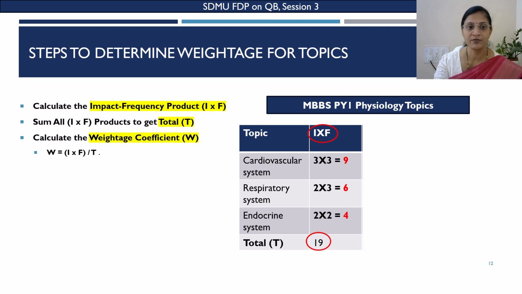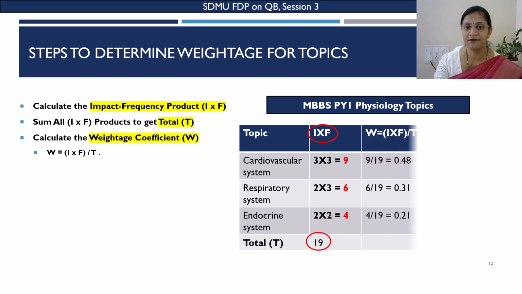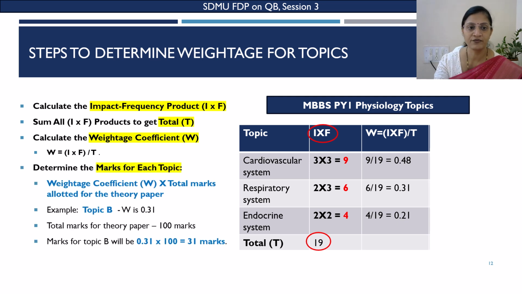What is it? Means out of 19, if 9 is given to cardiovascular system, then out of total marks allocated, first you calculate out of 19, 9 is given to cardiovascular system, so the weightage coefficient will be 0.48. Then what you are going to do? Give the total marks for that particular paper.